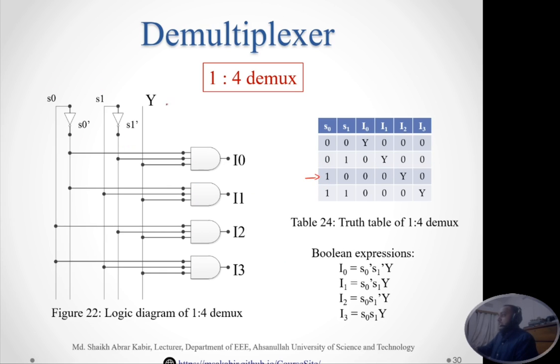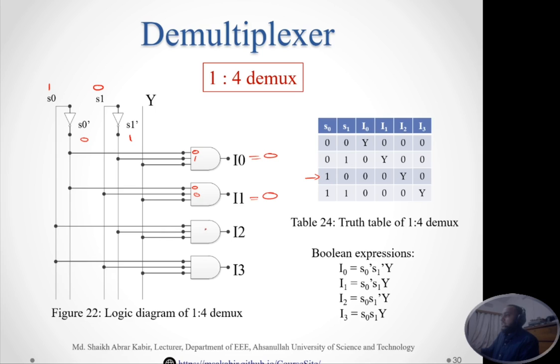For this pattern, our S0 is 1, our S1 is 0, so S0 prime will be 0 and S1 prime will be 1. So for the first AND gate, our inputs are 0 1, so our output will be 0. For the second AND gate, our inputs are 0 0, so I1 will be 0.